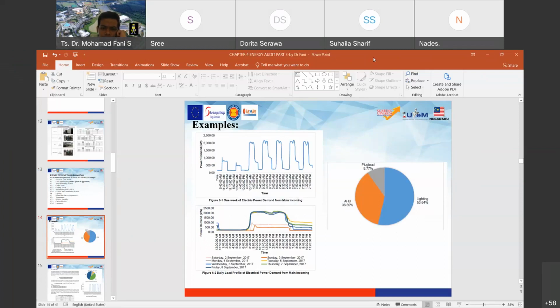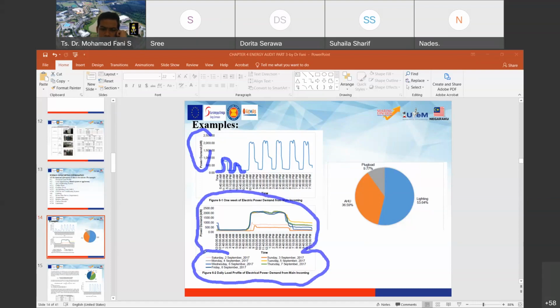Okay, if you took the power demand for the 7 days, you can plot the graph something like this for 7 days, and also to find the difference of the pattern of the energy profile. You can plot like this pattern or also for this pattern.